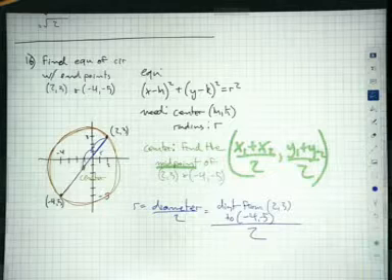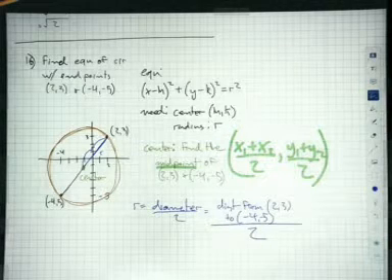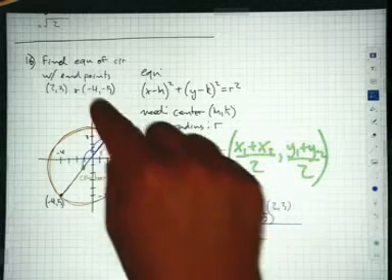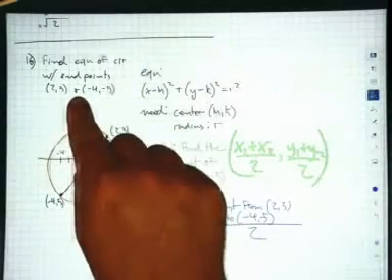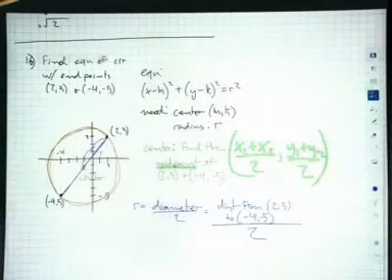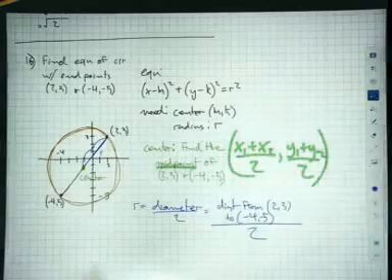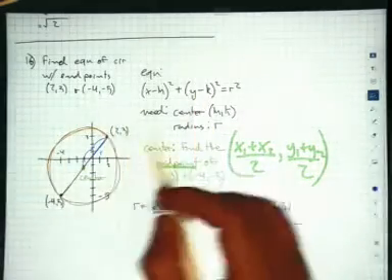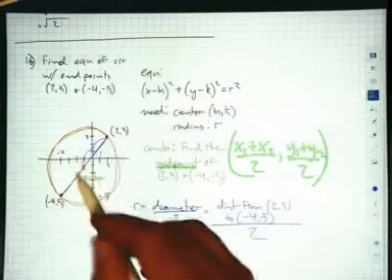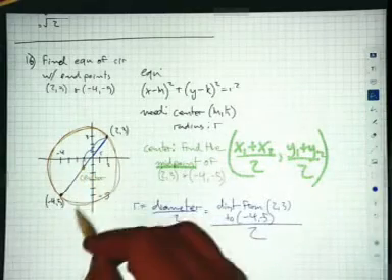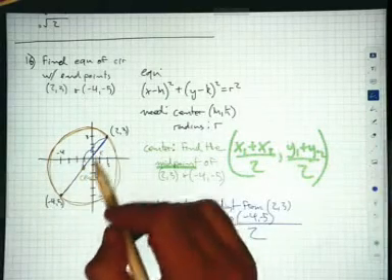So this is a very common question. I'm going to give you 2 points, and I'm going to ask you to find the equation of the circle. So, sketch it out. It doesn't have to be exact like I did. You can just roughly sketch this out and start thinking about this.